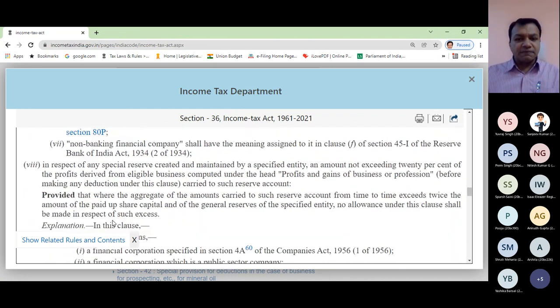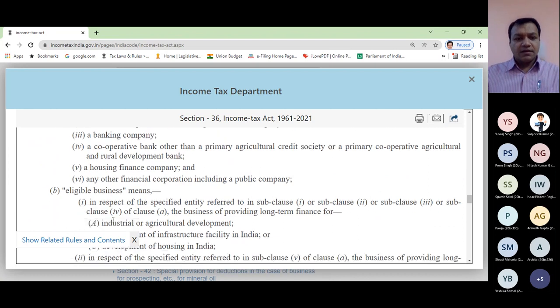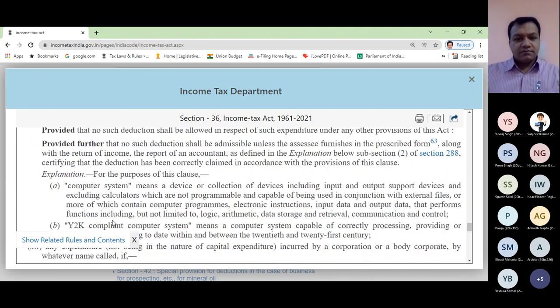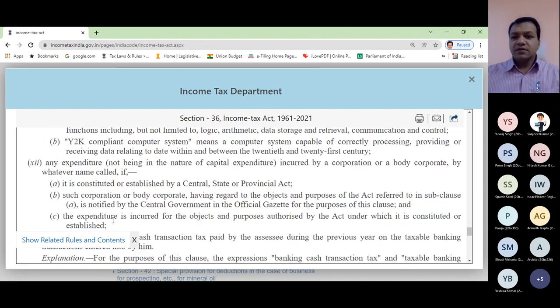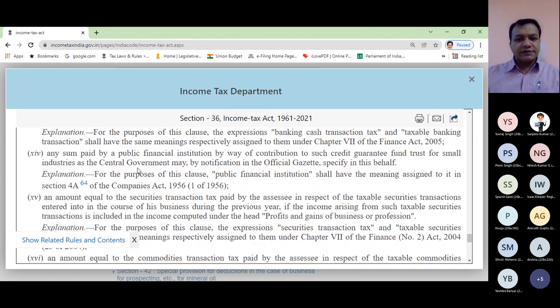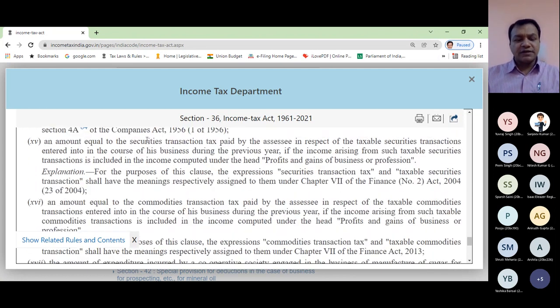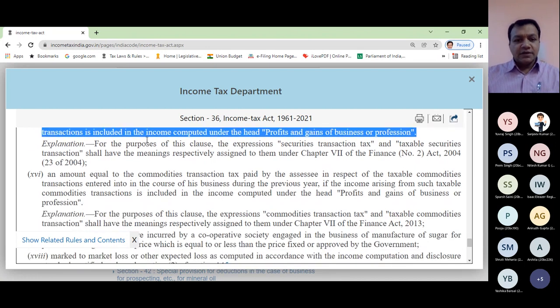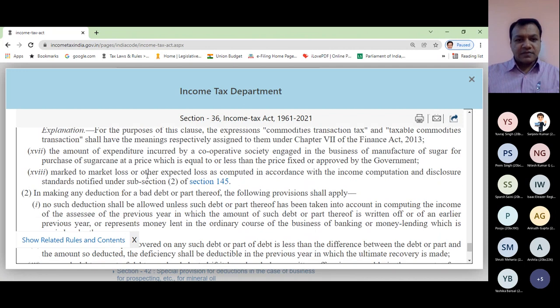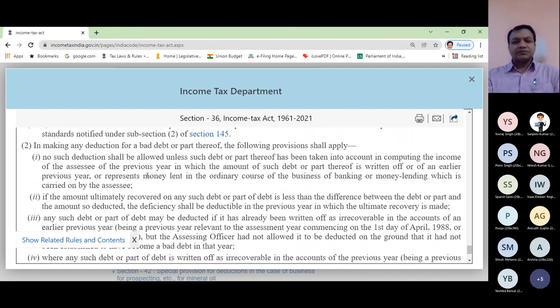It's also a lengthy section. Banking cash transaction tax, securities transaction tax, commodities transaction tax. I will simplify these for you.